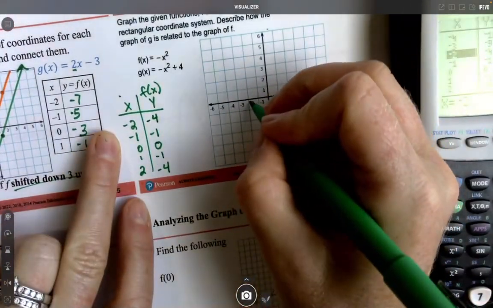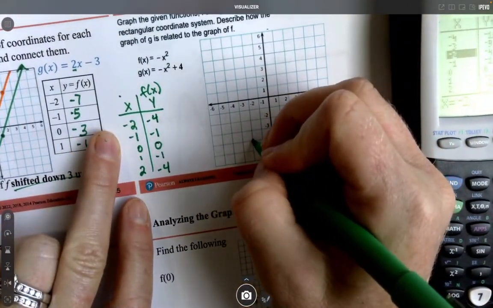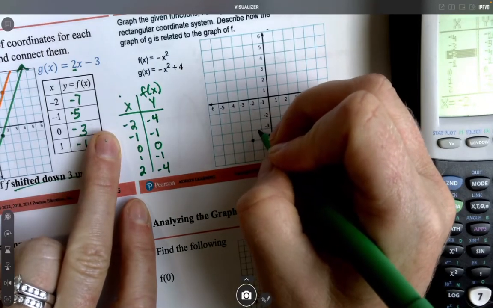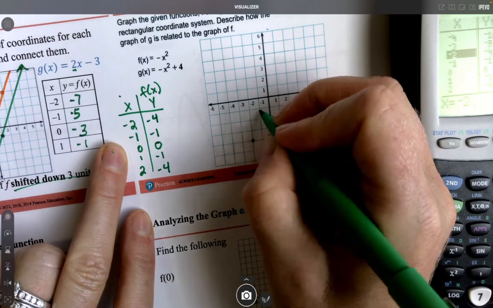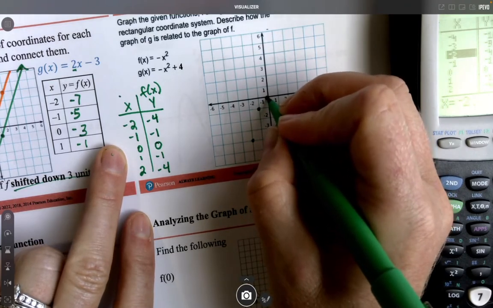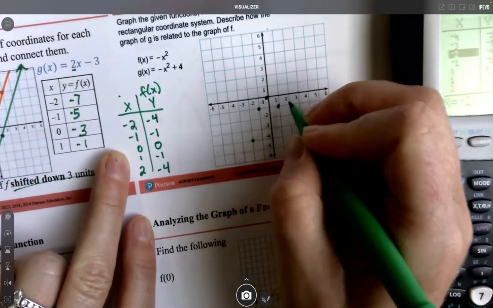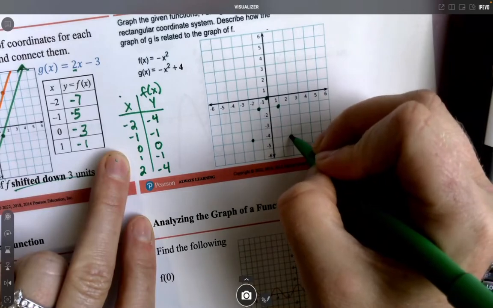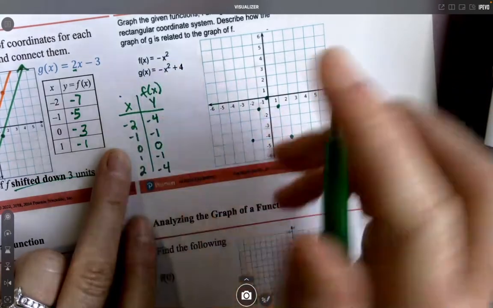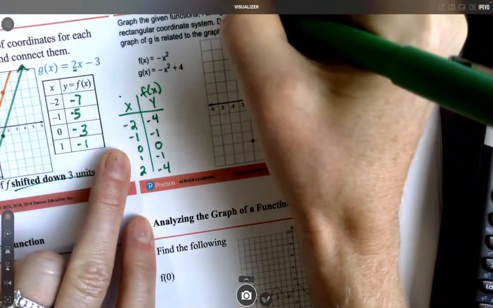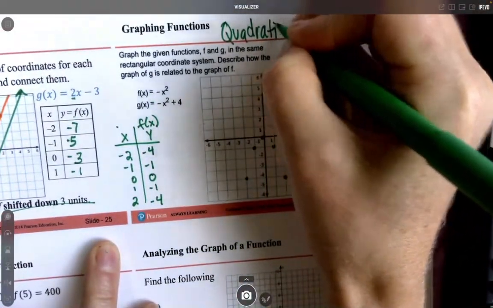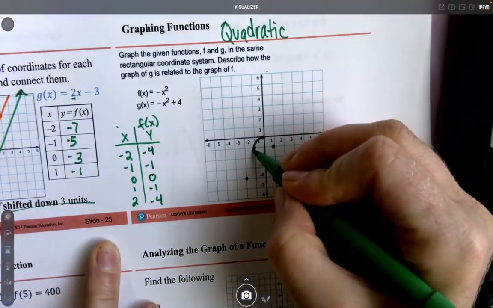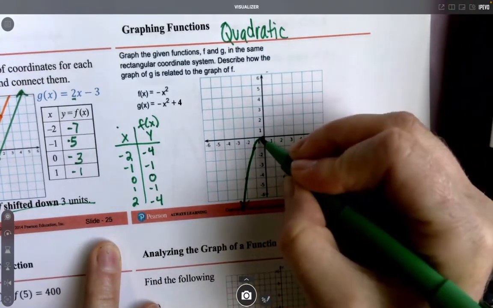So -2, -4, -1, -1, 0, 0, 1, -1, 2, -4. So see how this has the x squared? These are quadratic. So it's going to look like this.